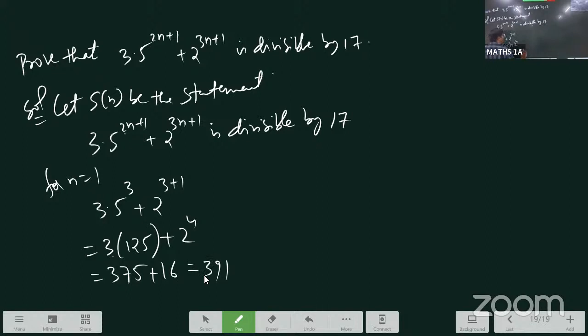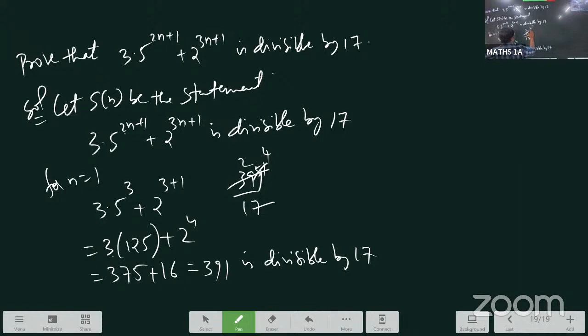Is 391 divisible by 17? Yes. 391 is divisible by 17. How many times does it go? See, 391 divided by 17. 17 twos are 34. 34 means 5 will be left. 17 threes are 51.